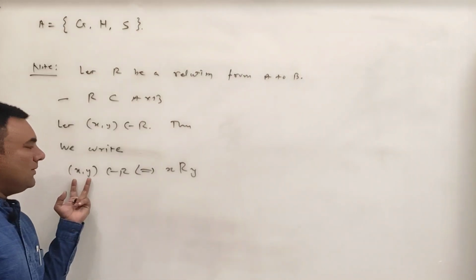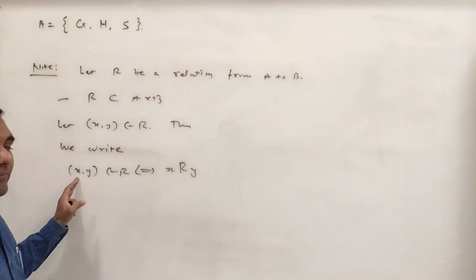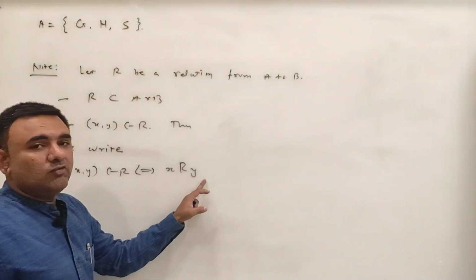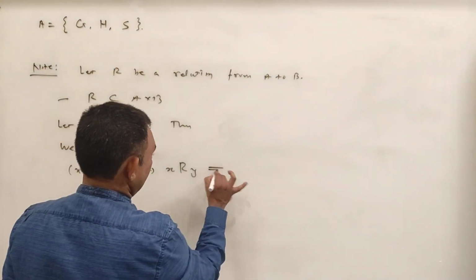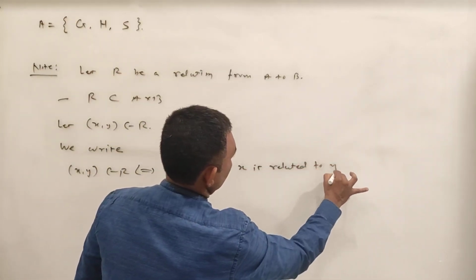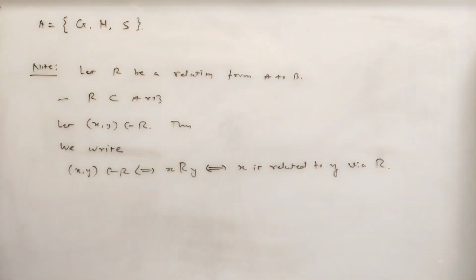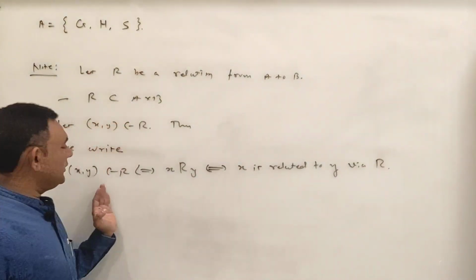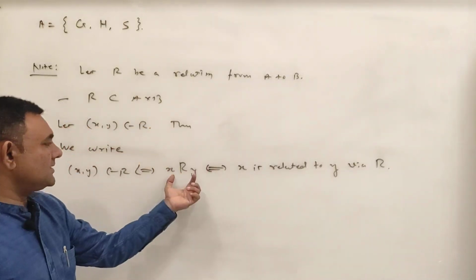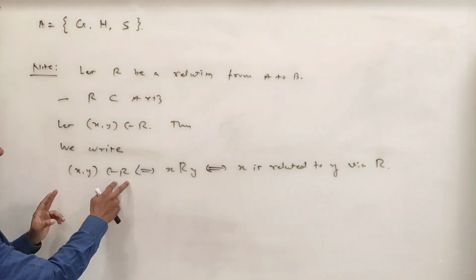Whenever I have two elements in R, where R is a relation from A to B, X comma Y belongs to R means X is related to Y via R. So these three things are equal: X is related to Y via R in words, or X R Y, or XY is in R.